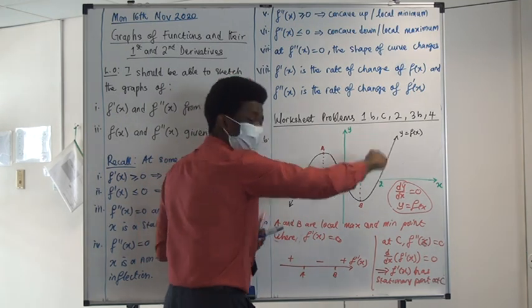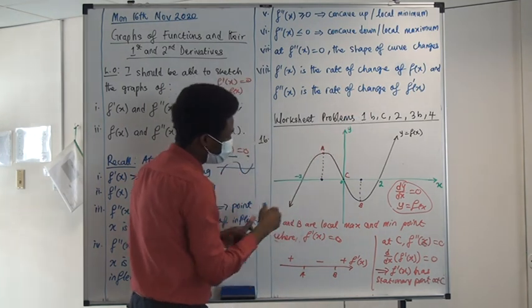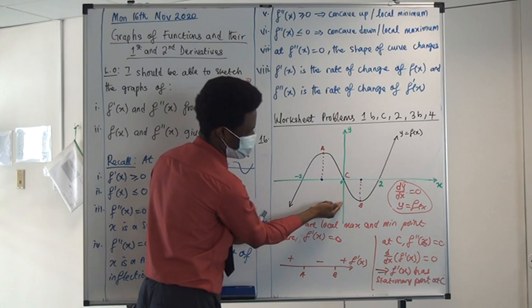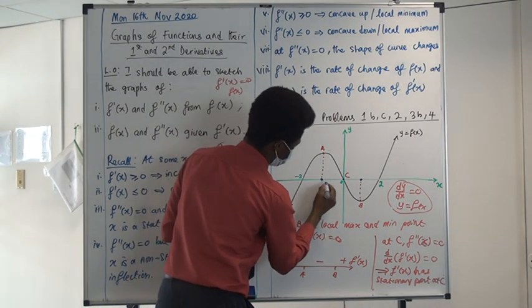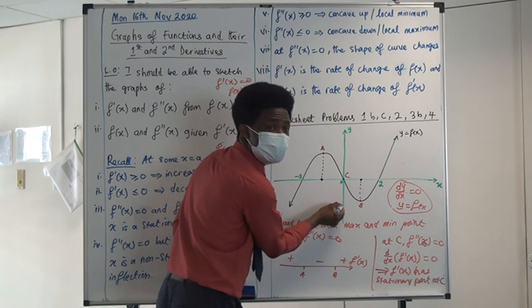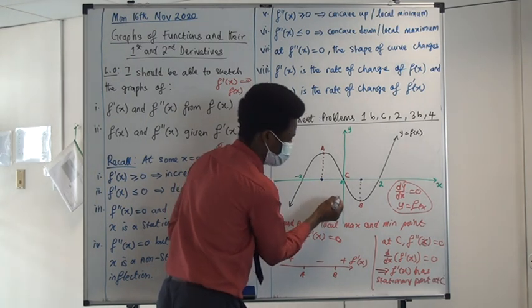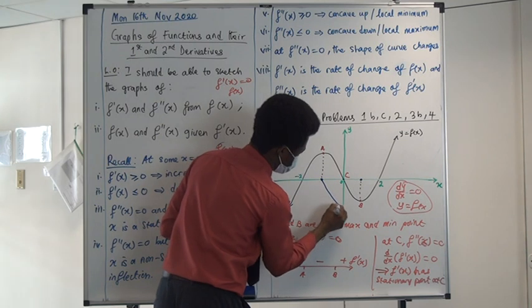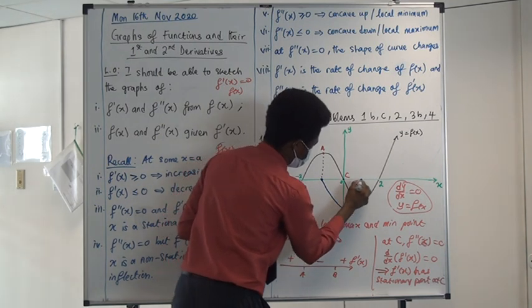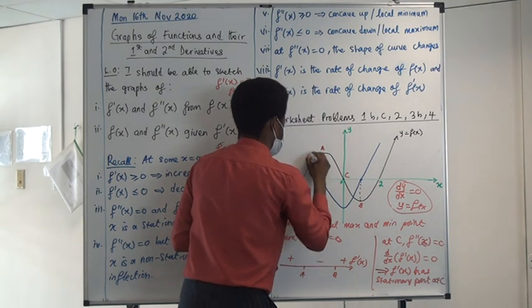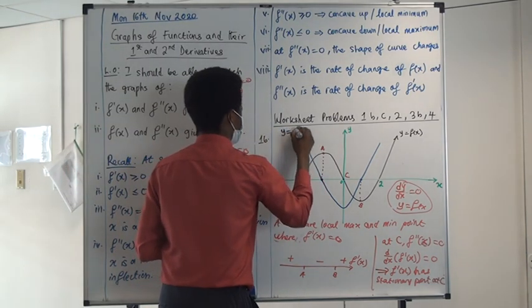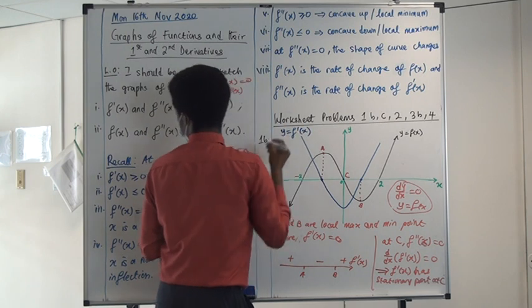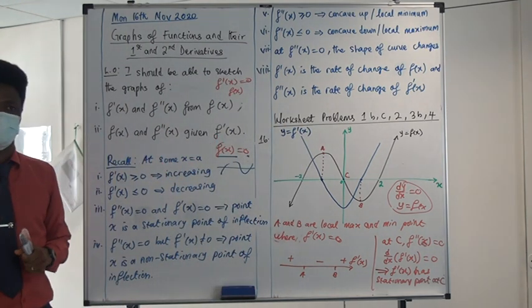Clearly it's going to go in like this. Now we know the turning point is when x is equal to 0, so our curve is going to go this way. So it's going to turn along the y-axis. Understand that? So it's going to go like this. That's what we are saying. So this is the graph of the first derivative. Understand?